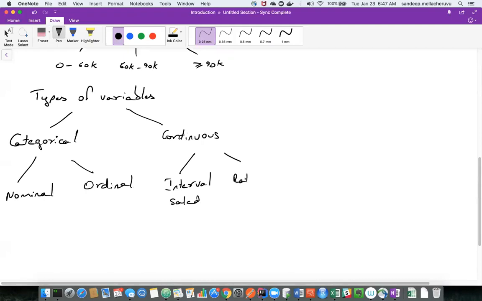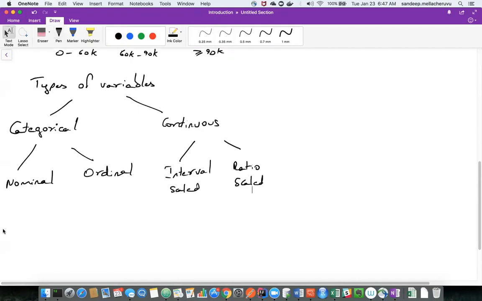So I define categorical into two more subcategories, and continuous also into two more, so that I can identify the variables. We'll see what each one means.